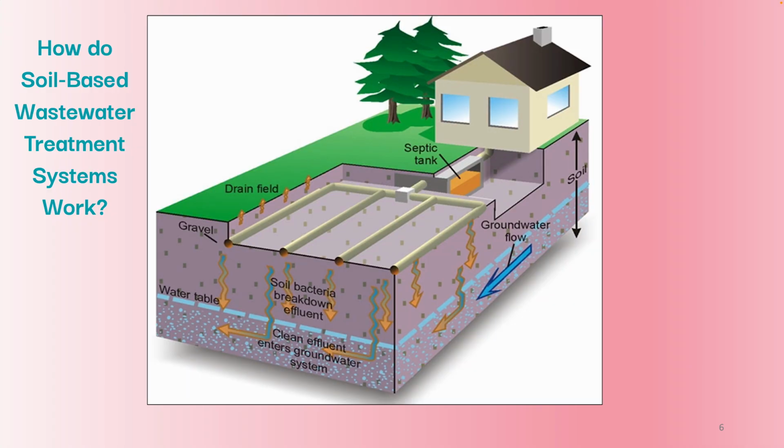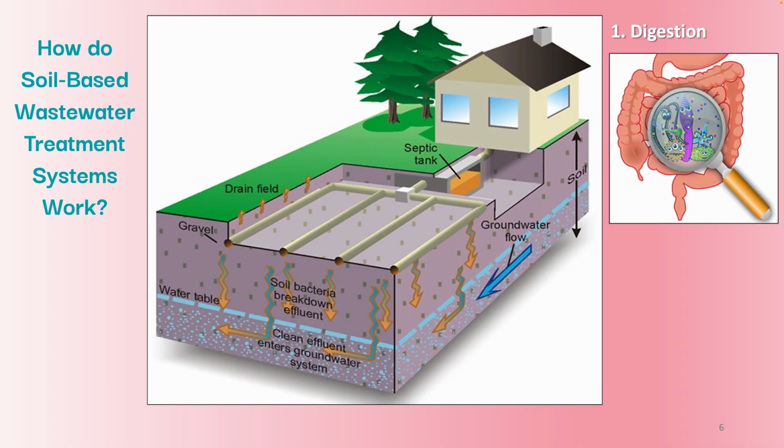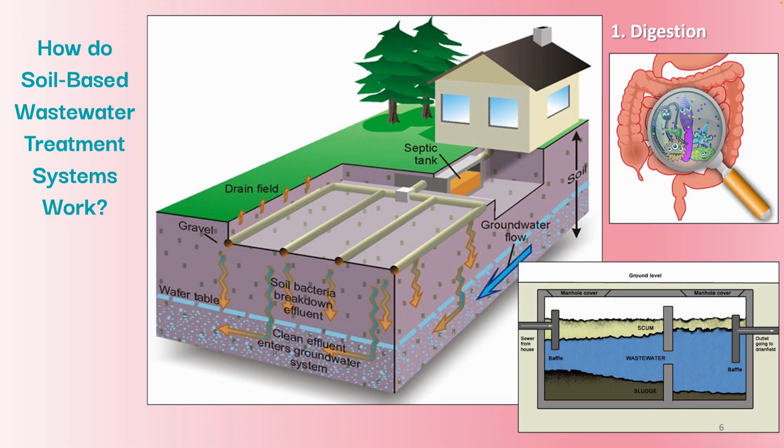A reminder on how soil-based wastewater treatment systems work. It all starts in our stomachs with digestion. We have good microbes that start digesting all of our food, and all of that is extruded as waste through the piping that goes from your toilet, your showers, and your sinks. That goes into a septic tank outside your building where there are anaerobic bacteria, so without oxygen.